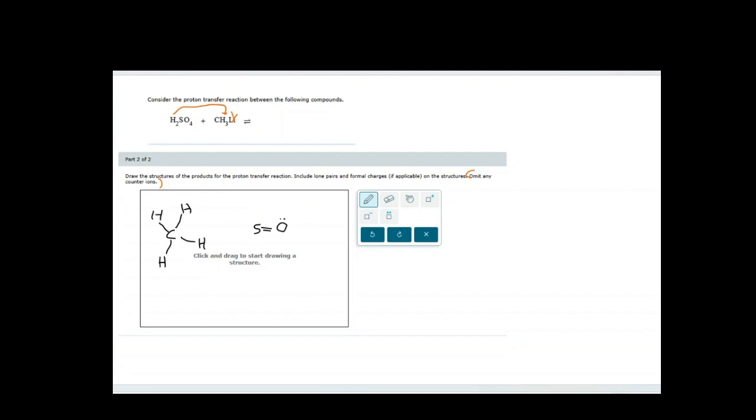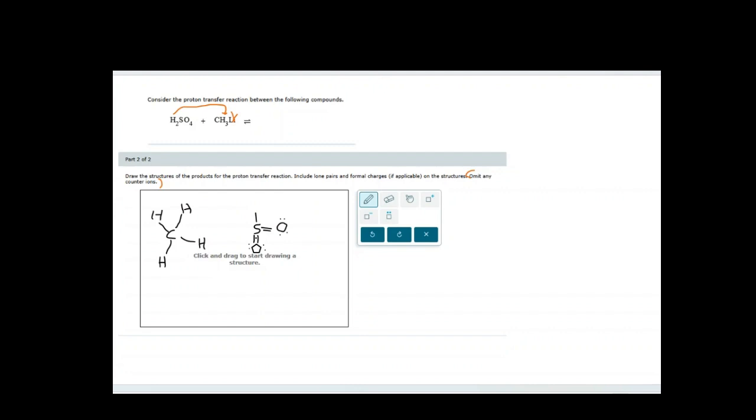So we'll start with 1, 2, 3, 4. So 2 lone pairs, and that satisfies the octet rule. We're going to draw one more oxygen on, and it's going to go 1, 2, 3, 4 to satisfy the octet rule. And then up here, we already know that we have another oxygen. Remember that for sulfur, for the most part in this question, you can only have 6 bonds around it in this instance.